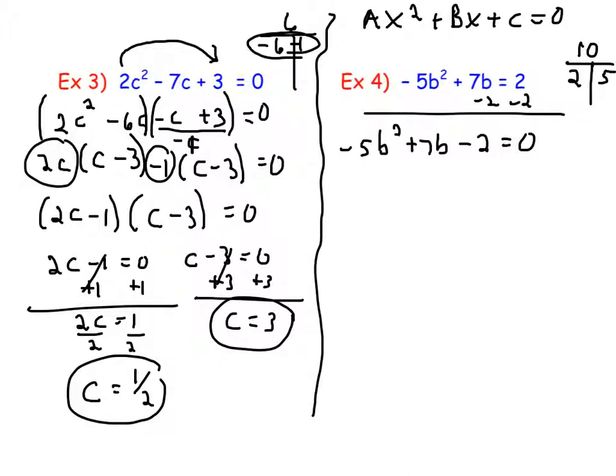Okay, so it looks like this particular quadratic equation will not factor the traditional way, because the only factors that we can come up with are 2 and 5 and 10 and 1, and there's no way we can get those to add to a positive 7 when they would have to be negative times a negative and a negative times a negative.